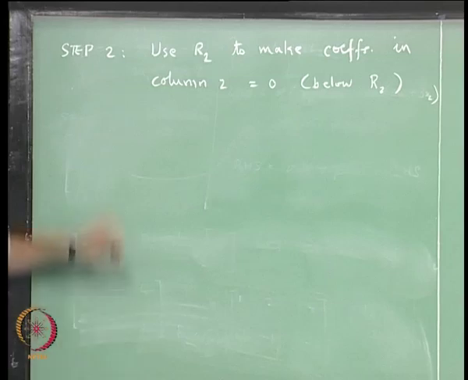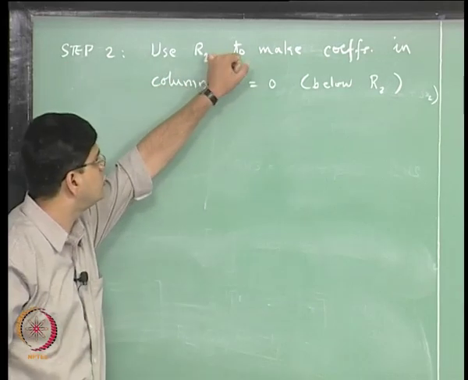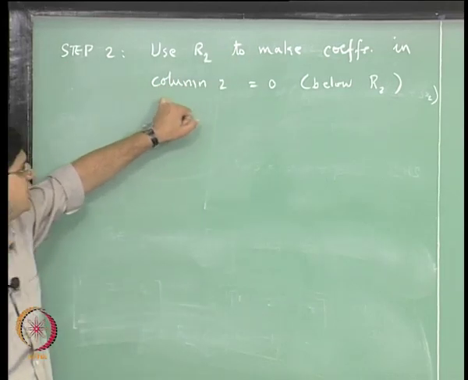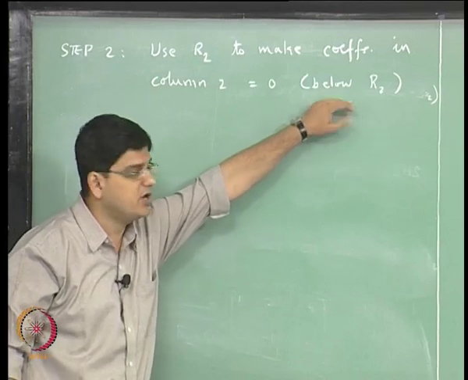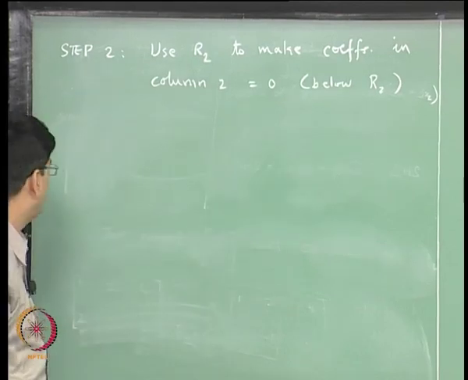Okay. So in step 2 we will use the row 2 in order to make the coefficients in column 2 equal to 0 below row 2 using the row operations.